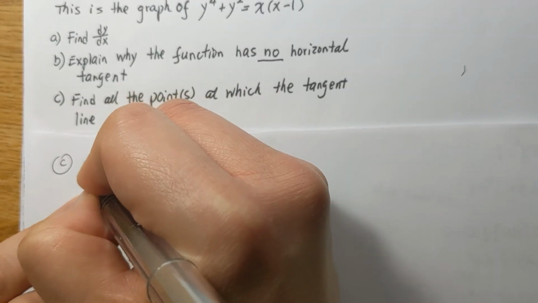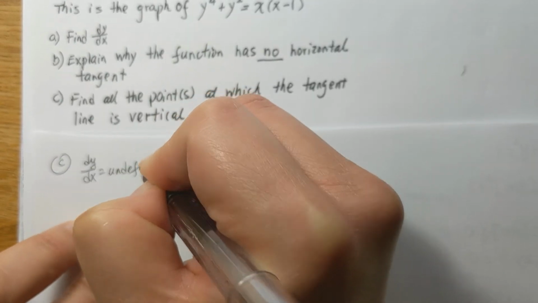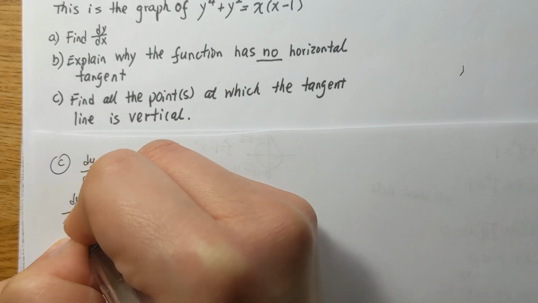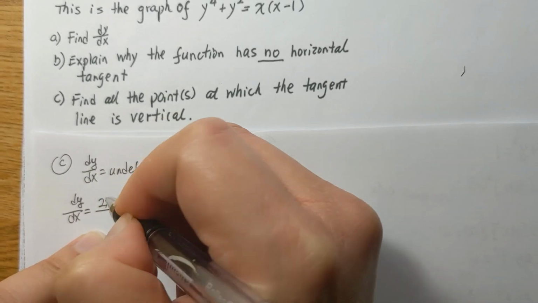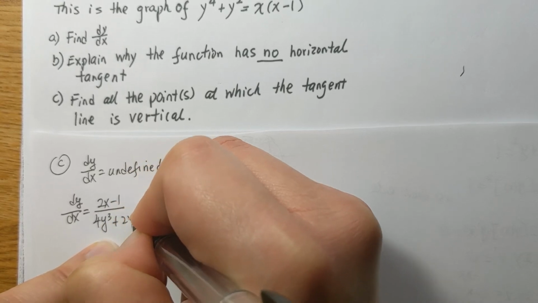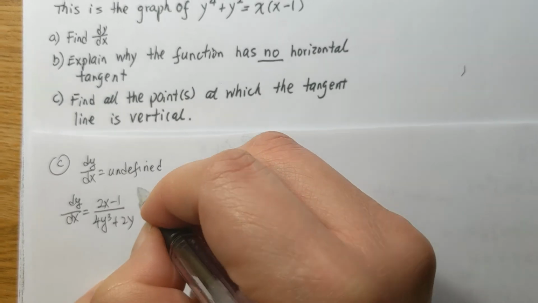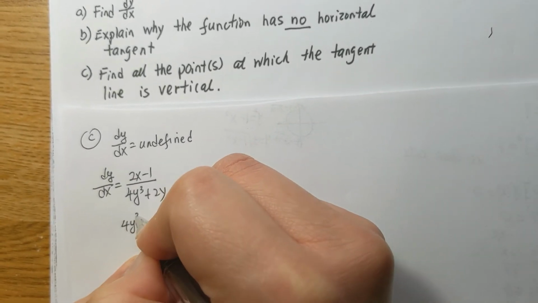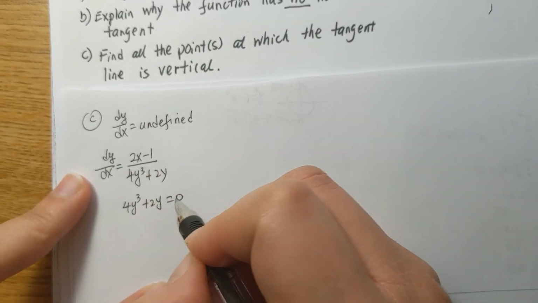So dy/dx equals undefined. From part A, we found dy/dx equals (2x minus 1) over (4y cubed plus 2y). We want to make it undefined, therefore 4y cubed plus 2y equals 0. It looks like we can factor.